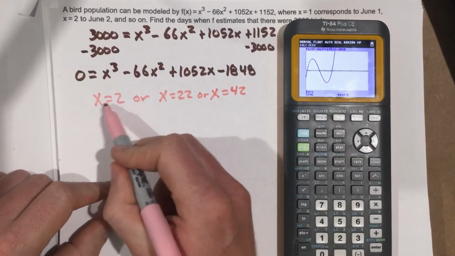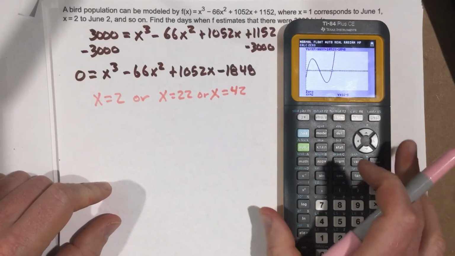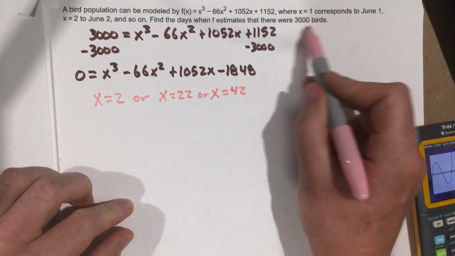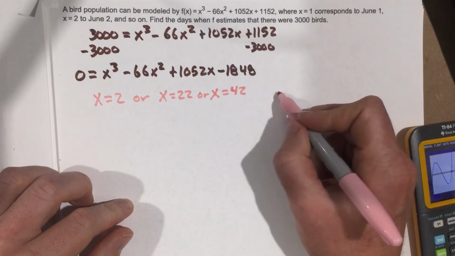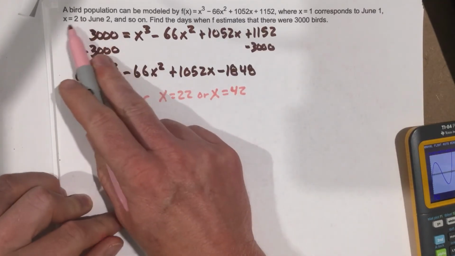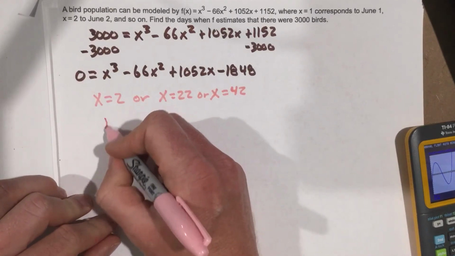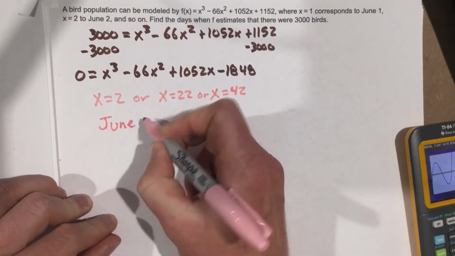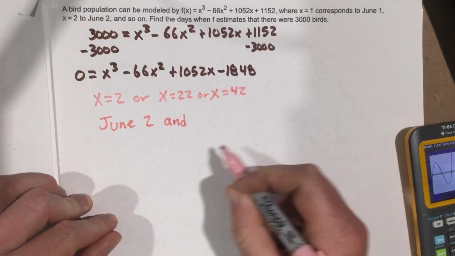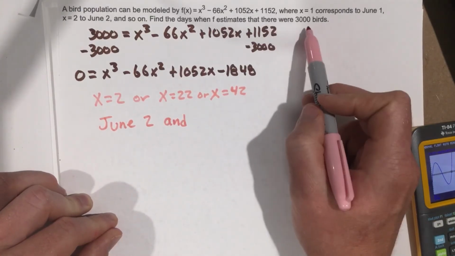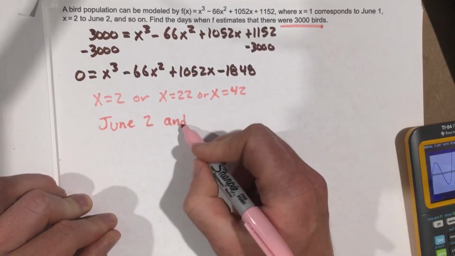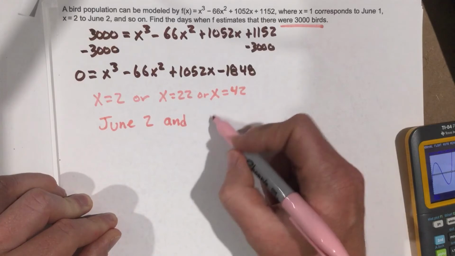So once we find our zeros, we've got to interpret this. This is when they found 3,000 birds. So these are the 3 different spots. Well, x equals 2 is June 2nd. There were 3,000 birds. So June 2nd and June 22nd.